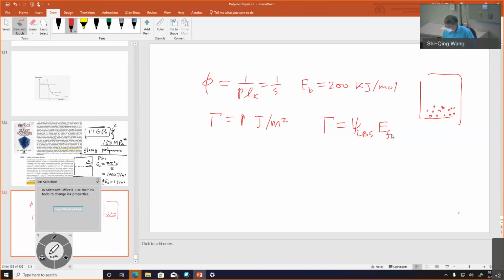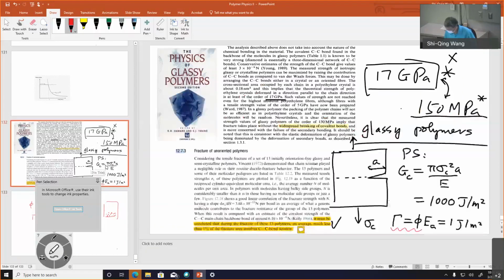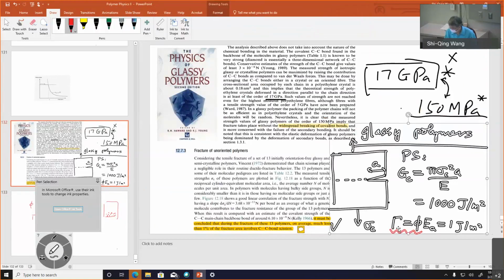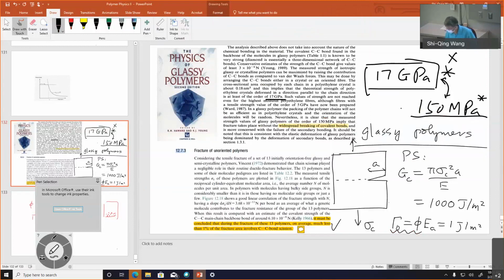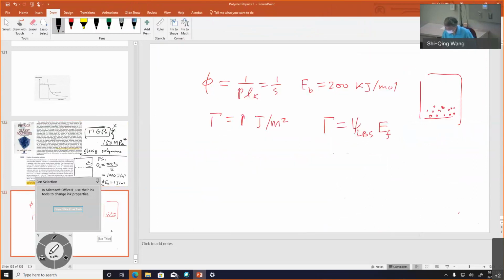So conceivably, if I allow myself to call this gamma 0, then I can say that the real gamma is probably smaller than the gamma we just indicated here by another factor of, let's say, 10 or so. So this could be as small as 0.1 joule per meter squared.